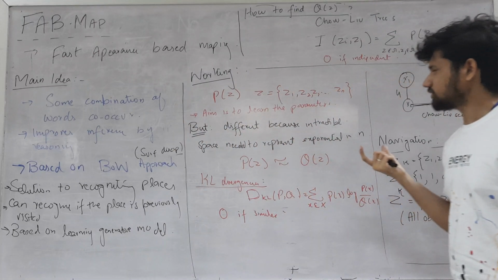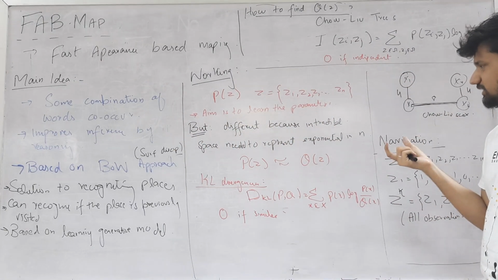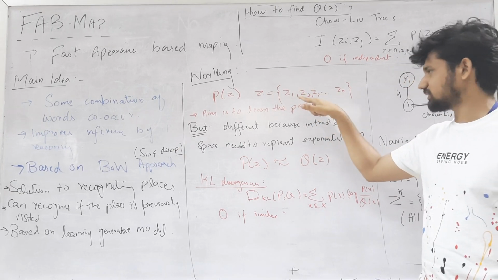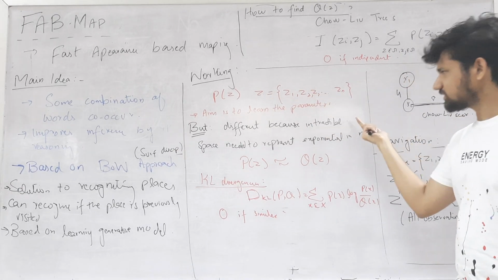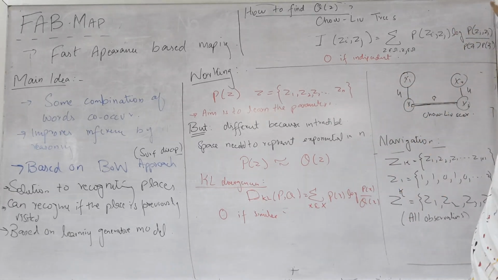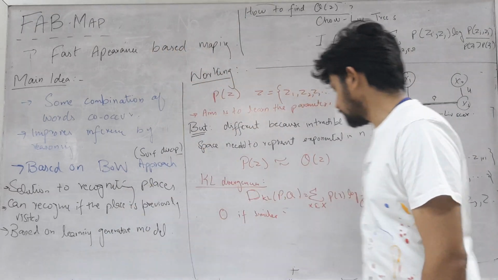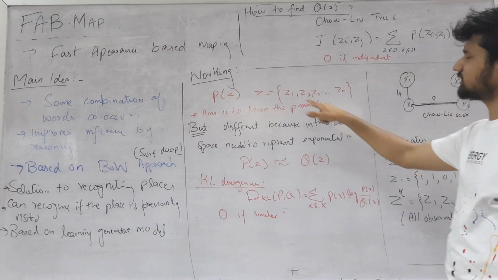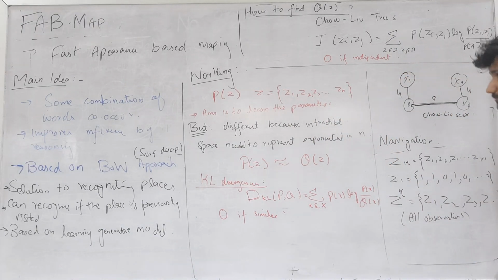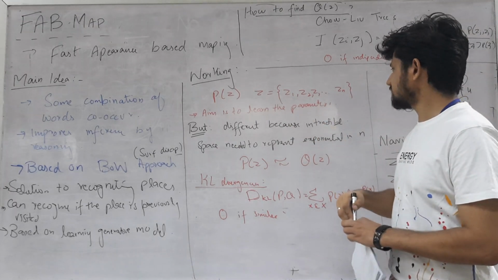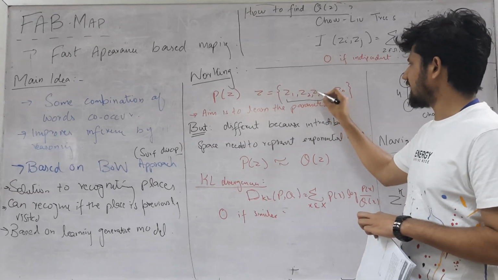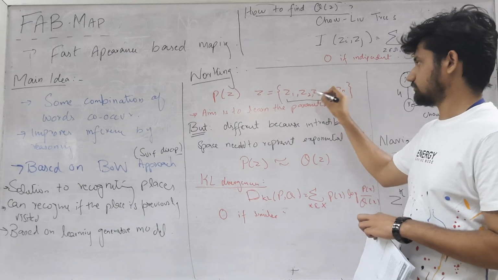We somehow want to learn that if z1 is present, it is obvious that z2, z3 or z4 will also be present. If z1 was this corner and z2, z3 and z4 were these corners, then it is obvious that if z1 is present, all the remaining three corners will also be present. This behavior means the first three random variables are now dependent on each other. You don't need to predict every feature.